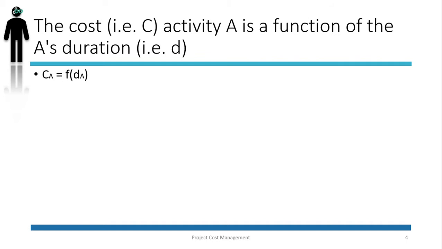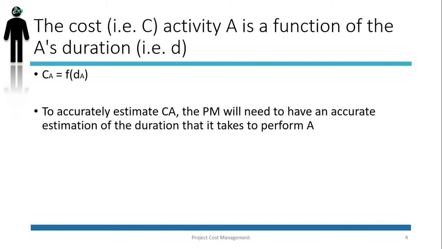If the cost of activity A is shown by C sub A, then C sub A will be a function of the duration of that activity, D sub A. Therefore, to accurately estimate C sub A, the PM will need an accurate estimation of the duration it takes to perform activity A.